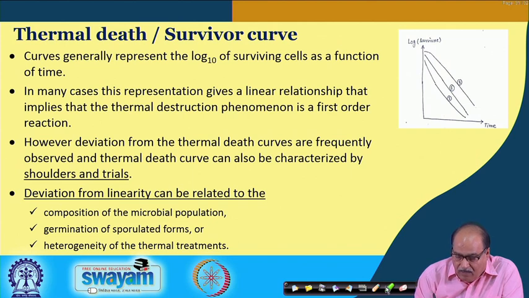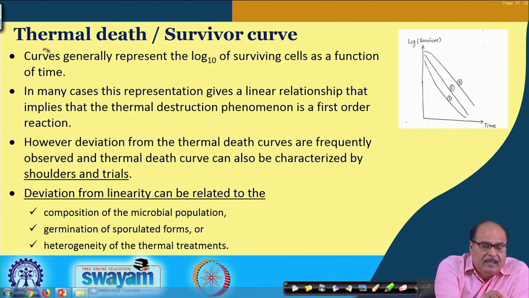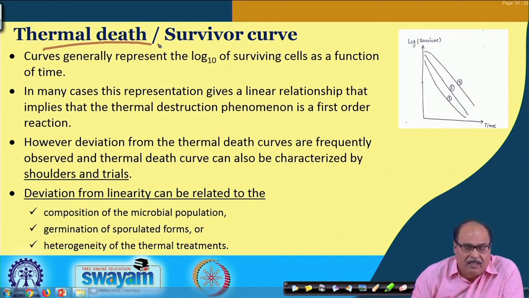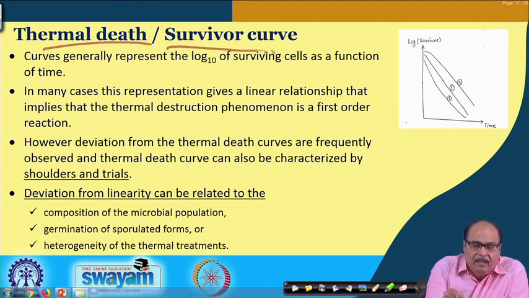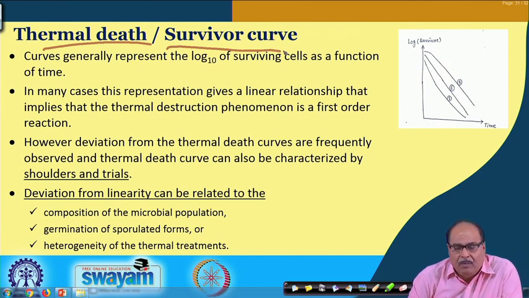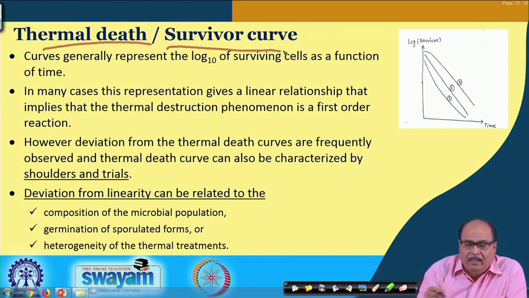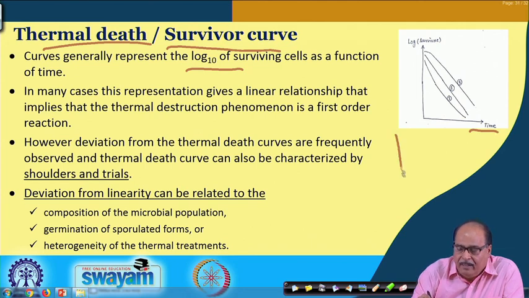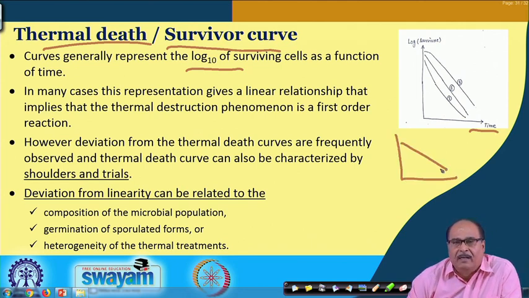One of the major things is that these data, which are generated experimentally on the most heat resistant vegetative cell or spore of the bacteria, are plotted in the form of a survivor curve. That is, when the log number of surviving bacteria is plotted against time, generally a straight line is obtained.